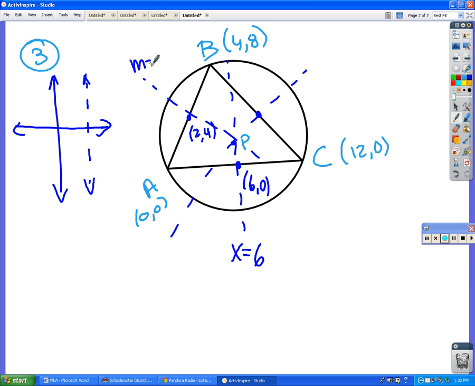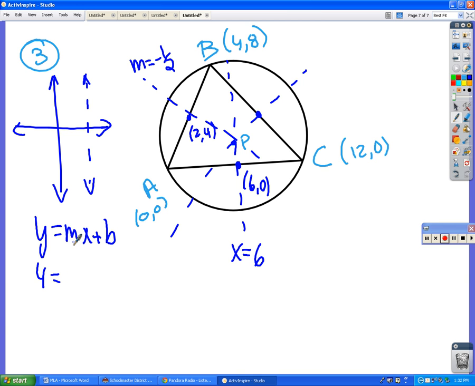So if this one is perpendicular to it, what's its slope? Negative 1/2, because perpendicular lines have opposite reciprocal slopes, right? So how can I find an equation then for this line? No, just for this line. I'm not trying to find where they cross yet. Y equals mx plus b. Okay? What's y? 4, because it's the y coordinate of this point.